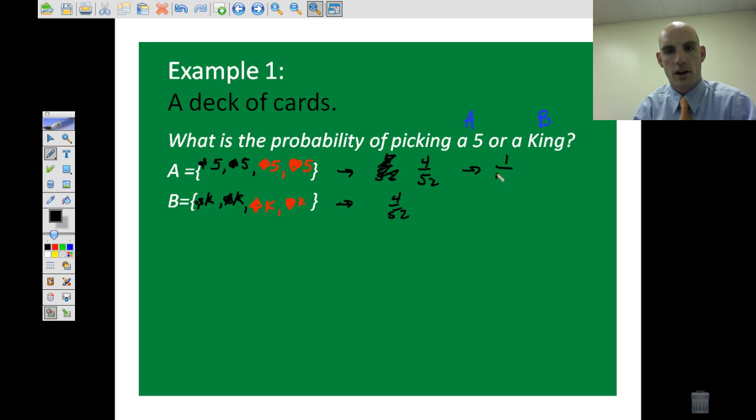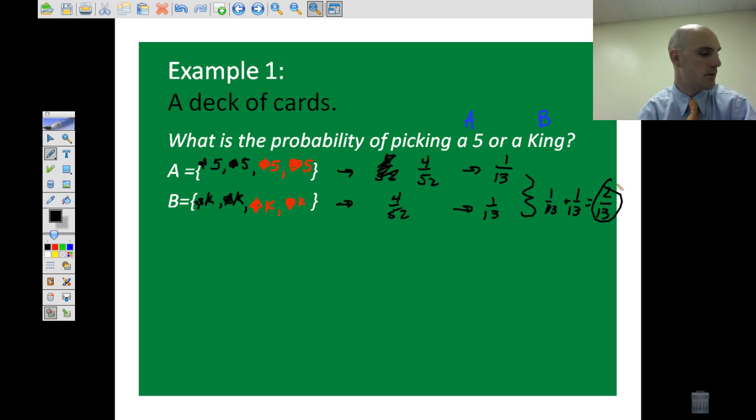So that's actually going to be 1 out of 13. And 1 out of 13. So we do 1 out of 13 plus 1 out of 13 is 2 out of 13. Okay, so this is going to require a bit of knowledge about fractions. Okay, so they are mutually exclusive events.